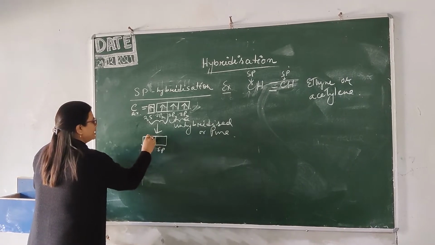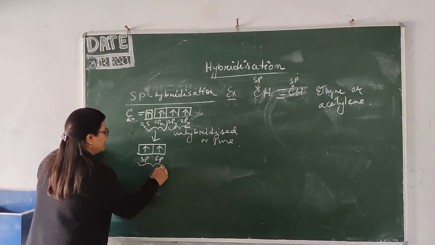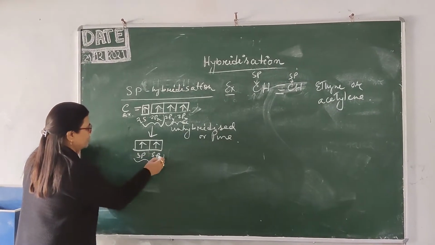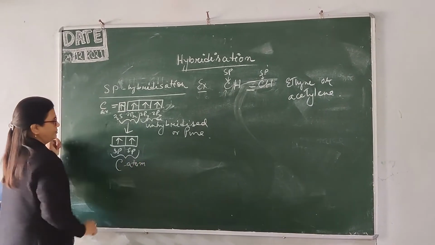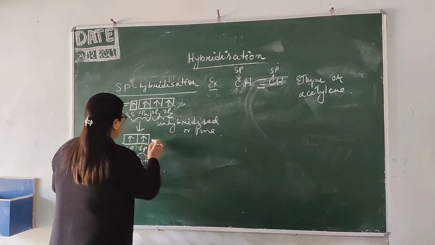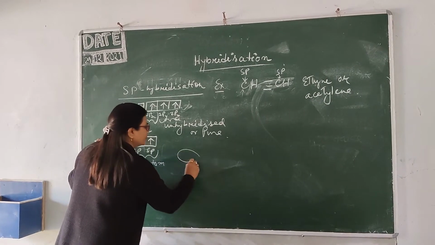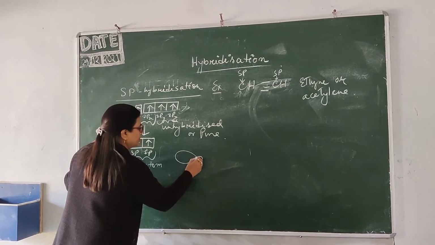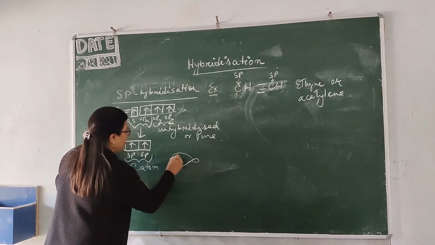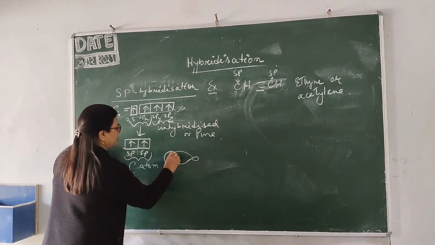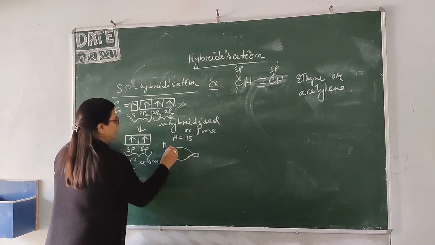The sp hybrid orbitals will each contain one electron. These are two hybrid orbitals of the carbon atom. Now these two sp hybrid orbitals will combine with hydrogen. As you know, hydrogen has one electron.